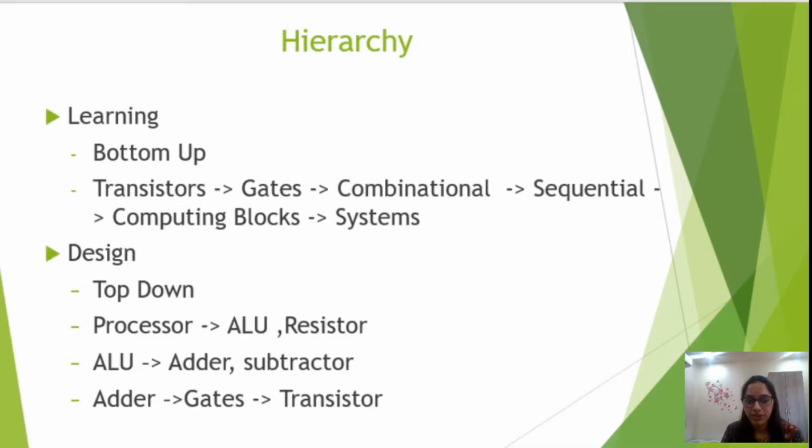Before we start, we should know what is meant by learning and what is meant by design. When we learn something, we always follow the bottom-up hierarchy. That is, first we learn the transistors, various types of transistors: PMOS, NMOS, CMOS.